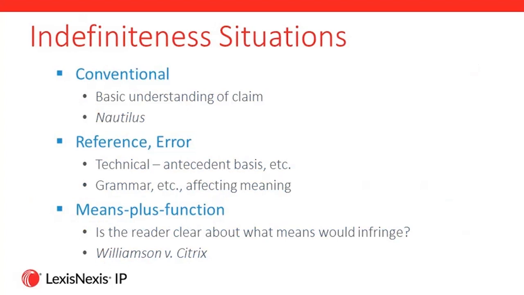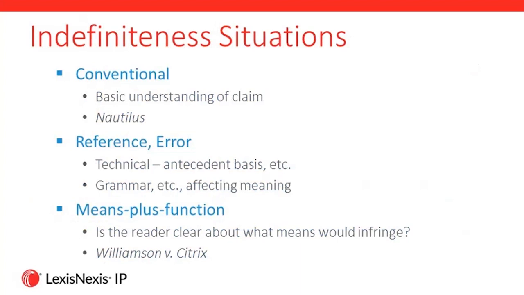Sure. Basically, when you talk about indefiniteness and definiteness, there are three basic slots that all of these situations fall into. One of these you can call conventional definiteness problems, and that's the issue where you're looking at the basic understanding of a claim. There we're going to talk about the recent Nautilus decision.